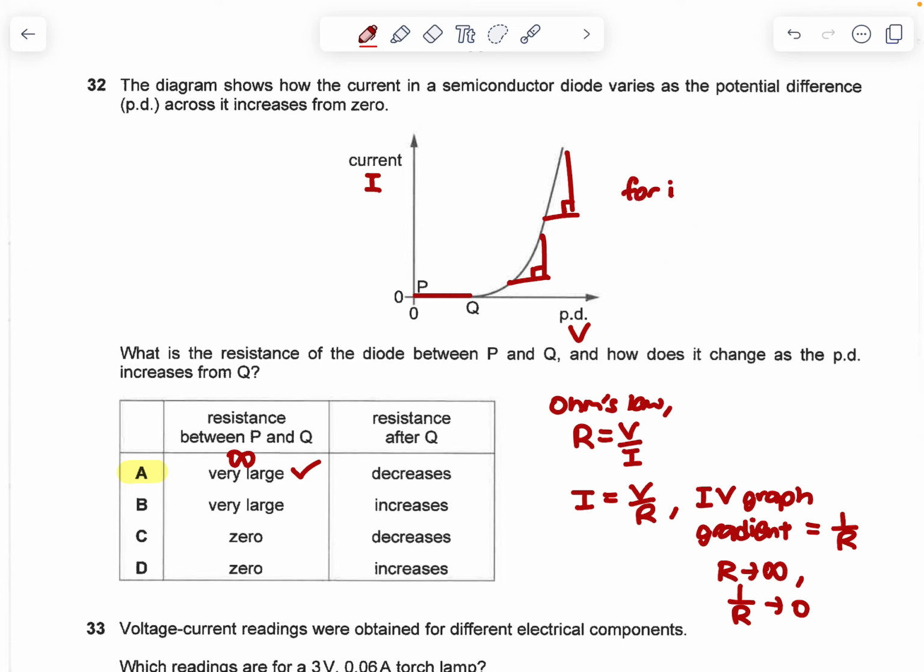For an increasing gradient, R is inversely proportional to the gradient, so R is decreasing. The gradient equals 1 over R, so R is inversely proportional to the gradient. R decreases.